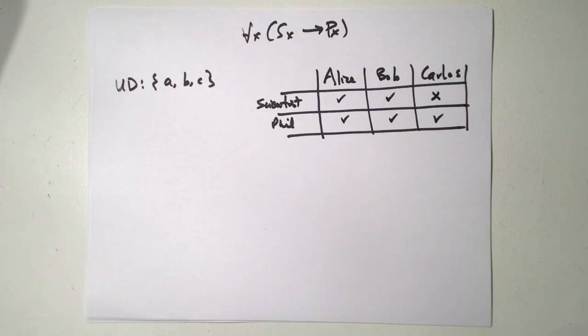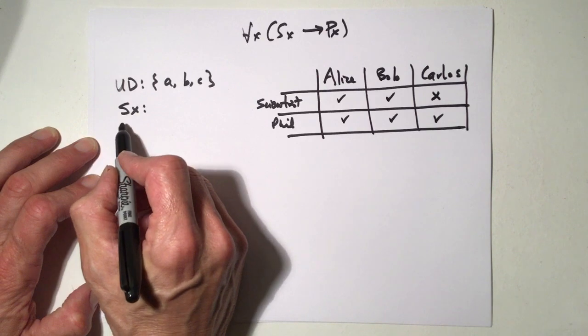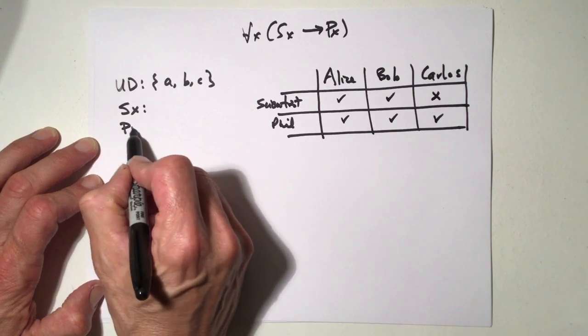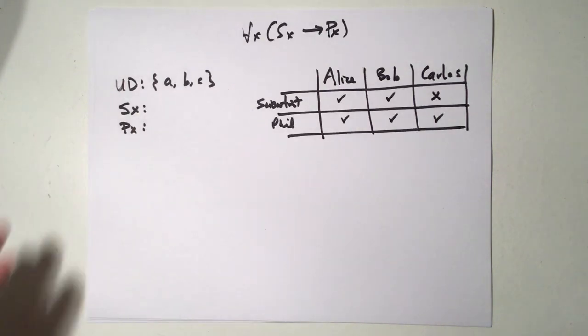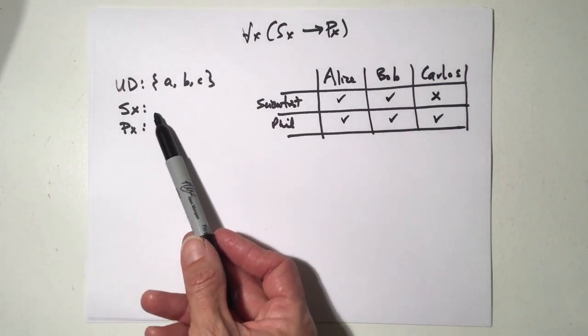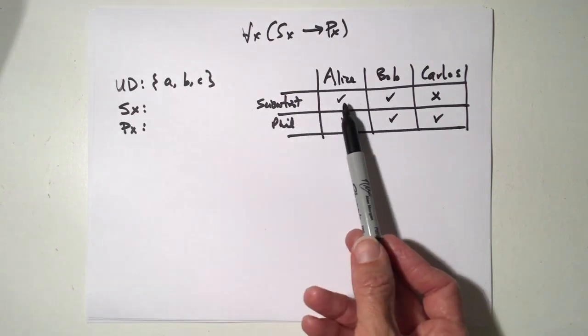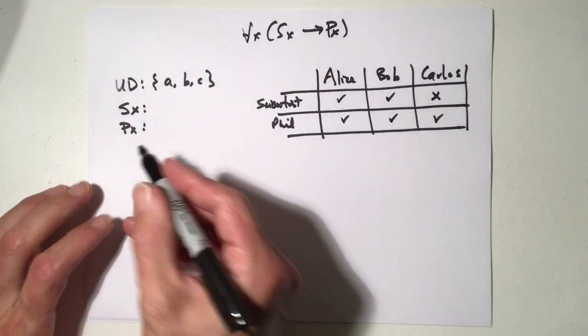Well, one quick thing we can do is indicate the meaning of these predicates or one-place relations, except that now, instead of writing out x is a scientist for S of x or x is a philosopher for P of x, I'm simply going to list the individuals that have the property S. And so if I look at my chart, I see that Alice and Bob are both scientists.